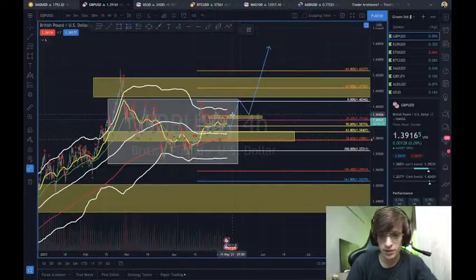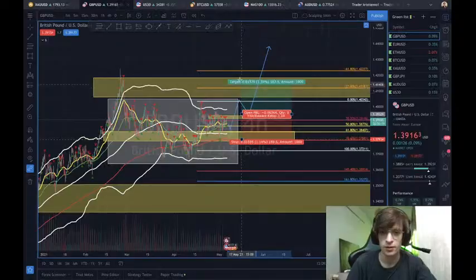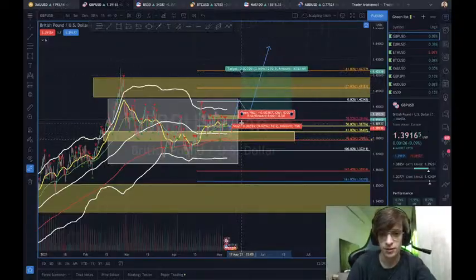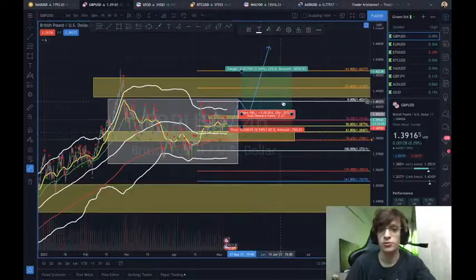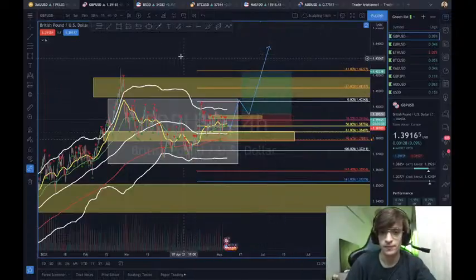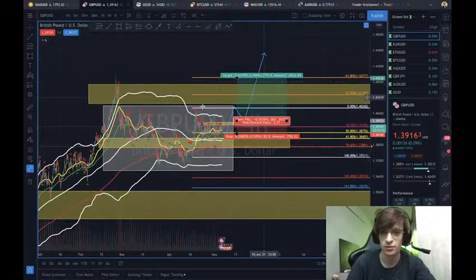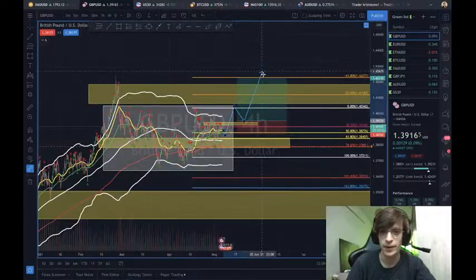So I would do it something like that, waiting until it breaks this resistance area, and after the retest, somewhere here, I would enter a long position with a tight stop loss, let's say to this golden zone. It's a great risk reward ratio, so a pretty safe bet.